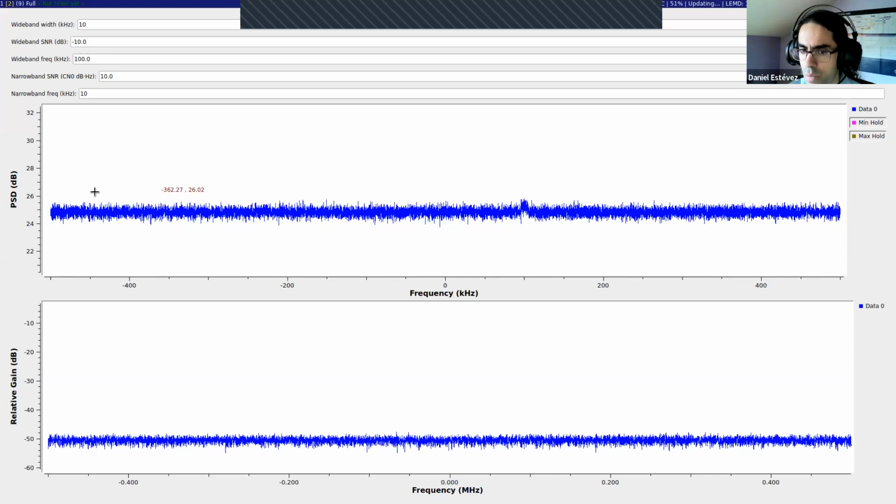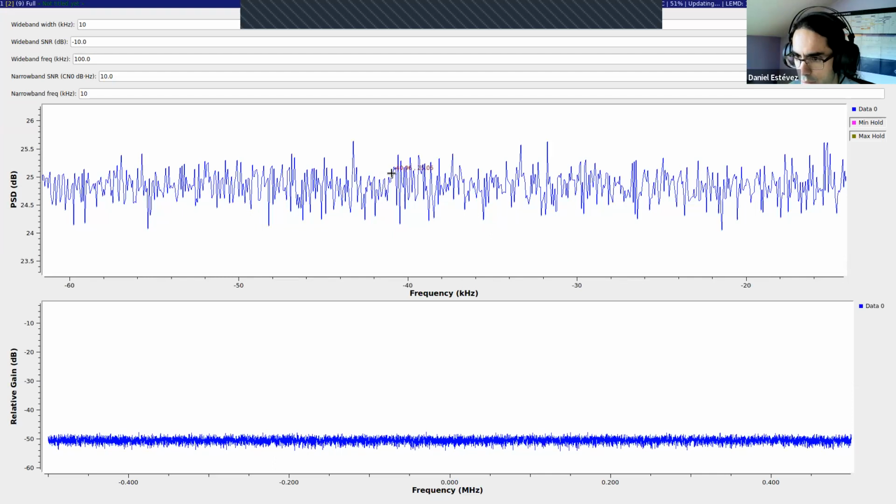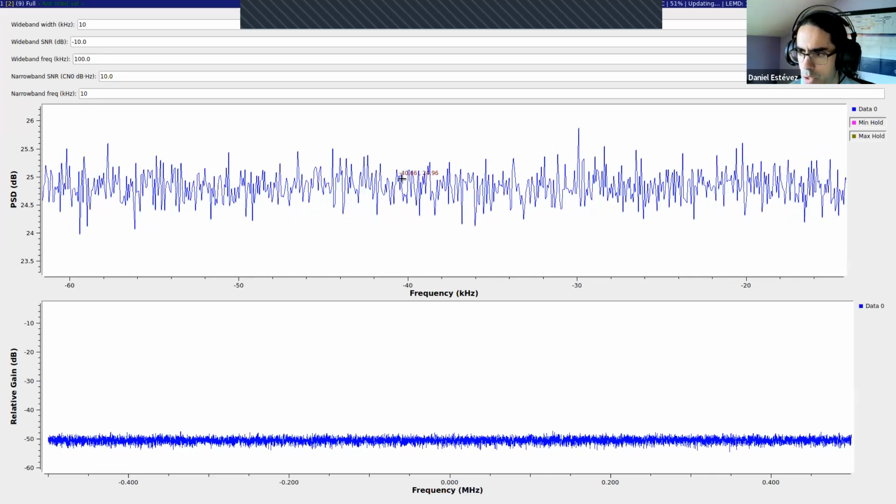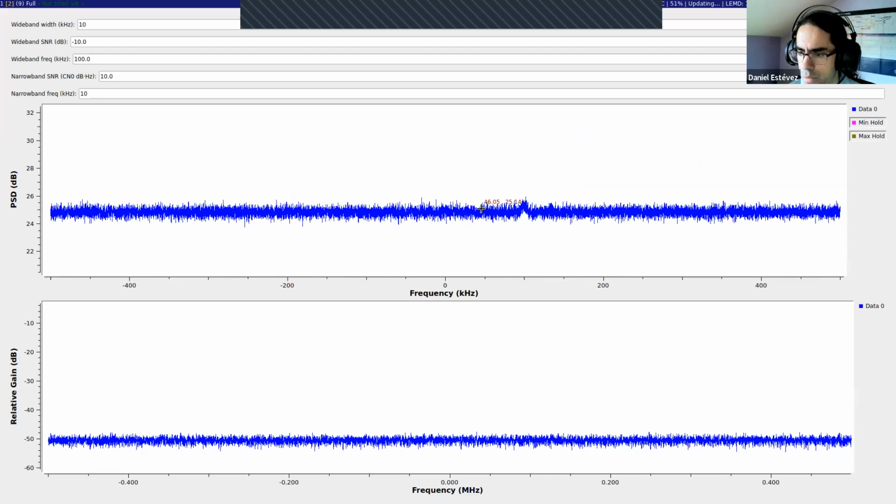So the trick is to make the FFT size larger, because each quantity we have on each of these points corresponds to the noise measured in the FFT bin size. So if we make the FFT bin size smaller by making the FFT size larger, as we have demonstrated, the noise floor will go down, our signal will stay the same, and we will be able to see it.